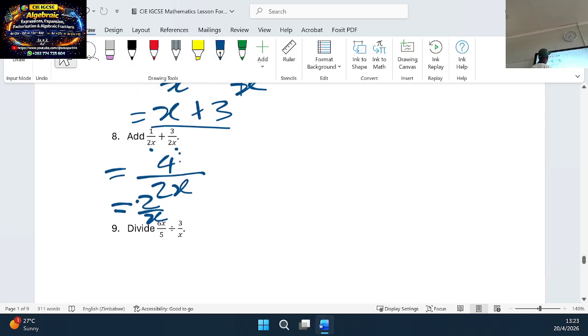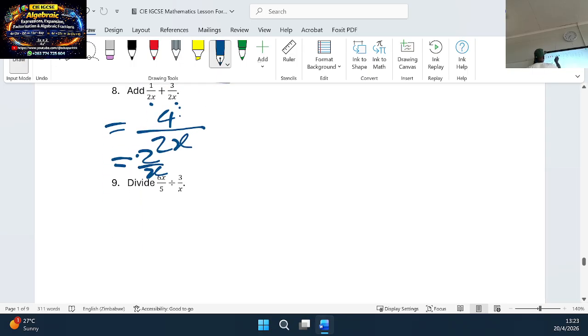Then the next problem, we're interested in simplification of fractions where we are dividing. So here we have 6x over 5, but because we're dividing a fraction by a fraction, we turn the division sign to multiplication, and we bring in the reciprocal there, which happens to be x over 3. Then we test again diagonally, to see if we have things that can cancel. If we check carefully, there is 6 and 3, whose HCF is 3 itself.